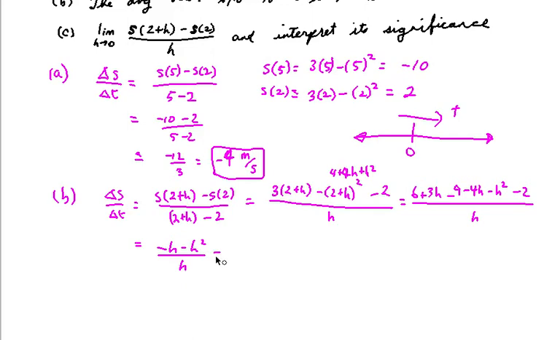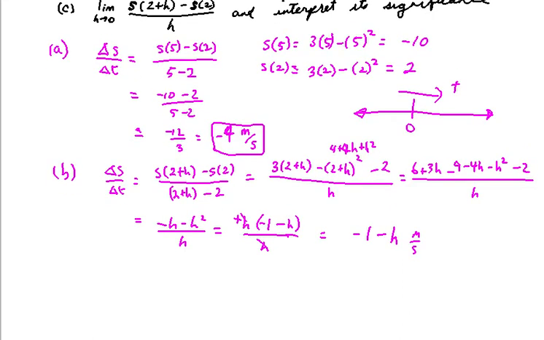I can factor out an h there, and the h's will cancel. I end up with a minus 1 minus h. So my average velocity here would be minus 1 minus h meters per second. That would be my average velocity in terms of h.